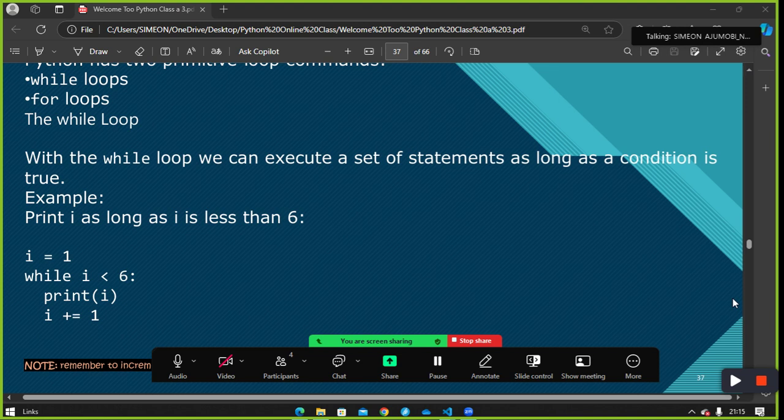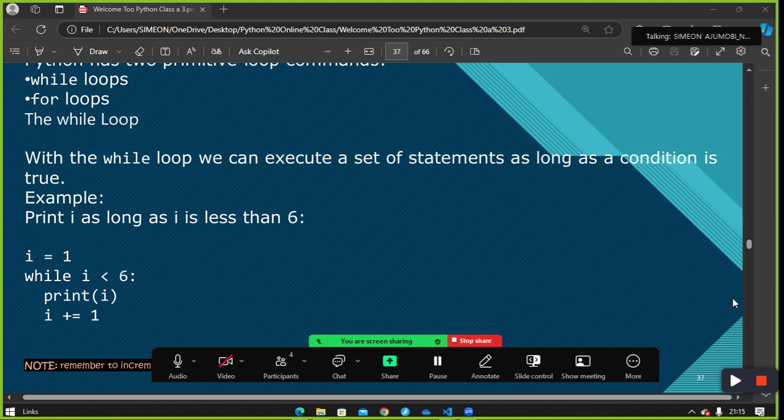So we're going to do number. You see that we are already entering into intermediate now. It's tasking your brain. So number equals 0.